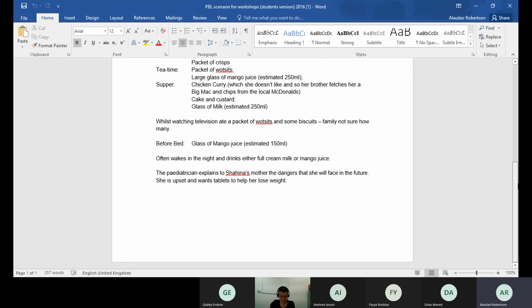And hopefully, I've just moved the screen down, so hopefully everyone has a chance, if you haven't read it already, to read the learning objectives. Okay, so that's one learning objective.